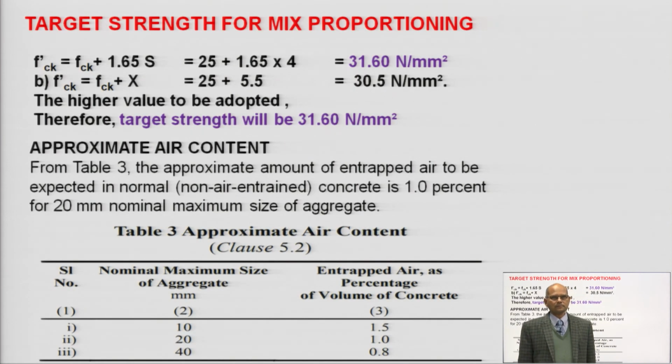Now you see the target strength for mix proportioning. First, what we did: we got the different data, what types of aggregate you need, what the field requirements are. Based on that we got the raw materials for producing the concrete, and we tested them in the laboratory: cement, coarse aggregate, fine aggregate, admixture and water, and if it is a mineral admixture, that also you have to test.